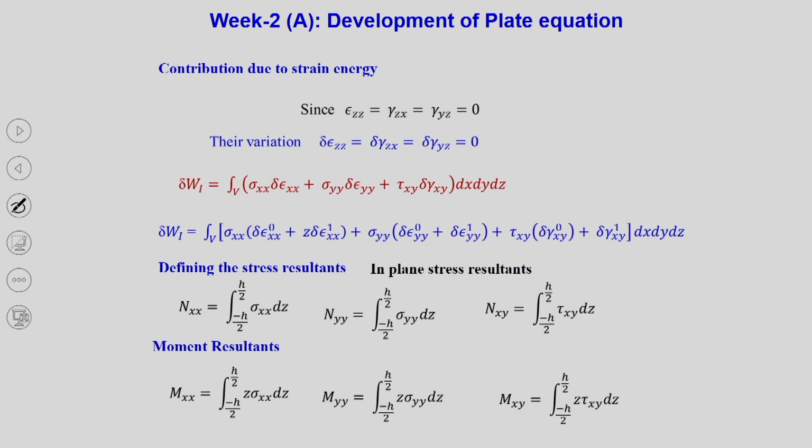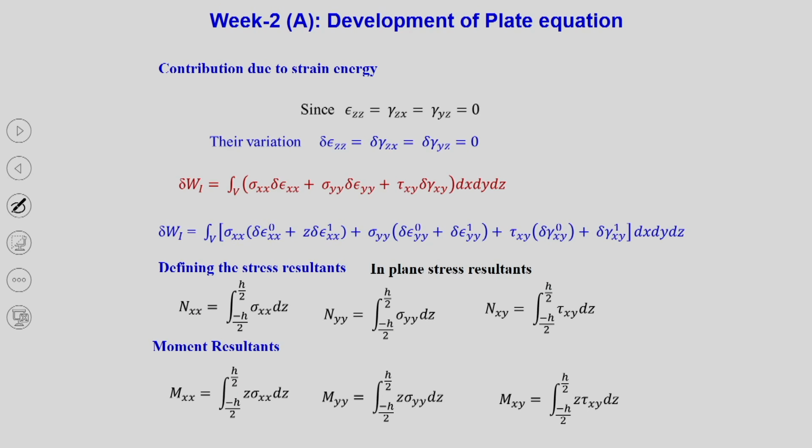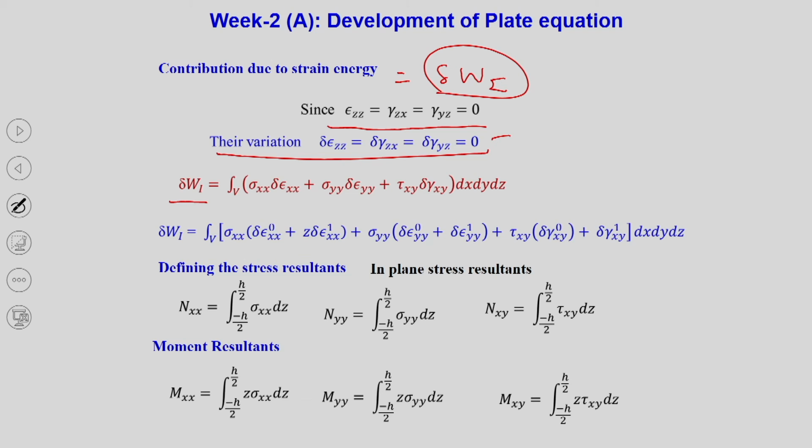Next, now we are going to obtain the contribution due to the strain energy, or I would like to say that internal work done, first variation in the internal work done. Since 3 strains are 0, so their variation will also be 0. So, only contribution in internal work done will be from sigma xx del epsilon xx, sigma yy del epsilon yy, tau xy, gamma xy and volume integration.